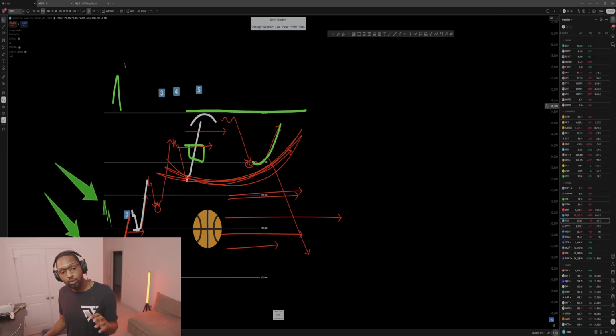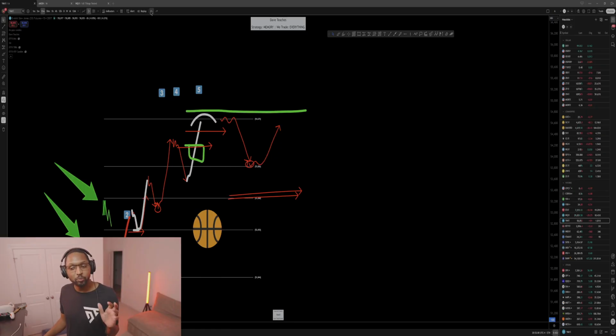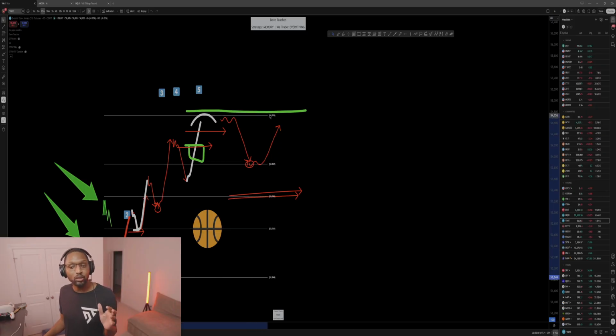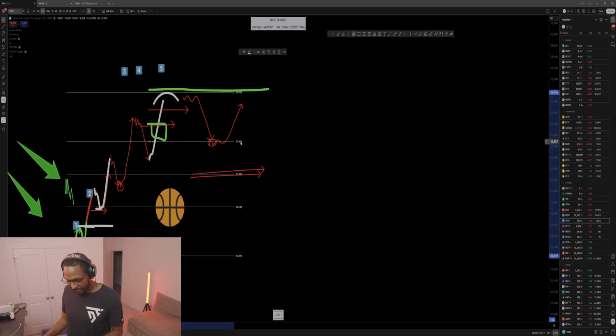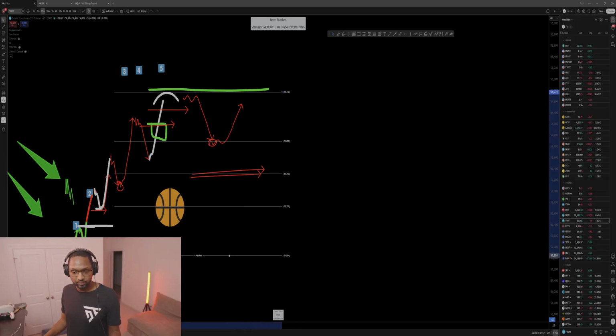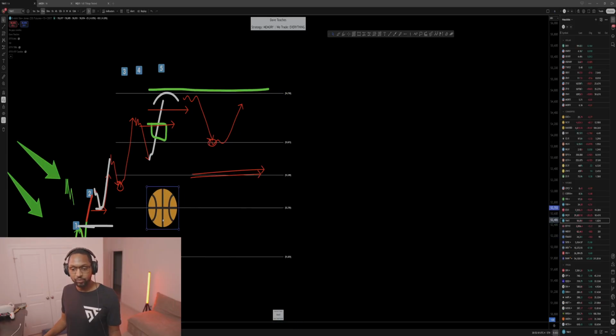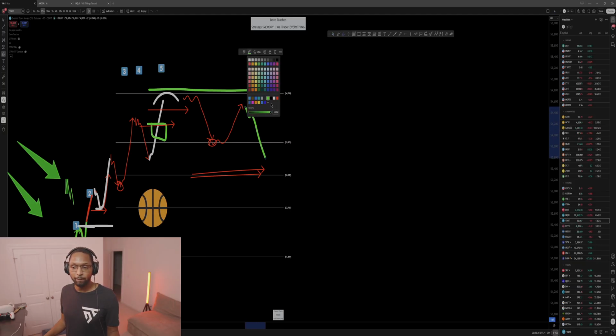But on the way to that 70, this is very important, right? It is all important. On the way to that 70 that's there, as it's headed down, what we're going to see is the market tap the 50 and likely push back up to the 30.